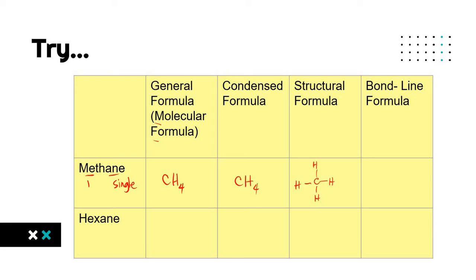For the bond line formula, how am I going to do that? Since it's only one carbon, we can't write a line, so just write the CH4 itself. I mean, it's not applicable.